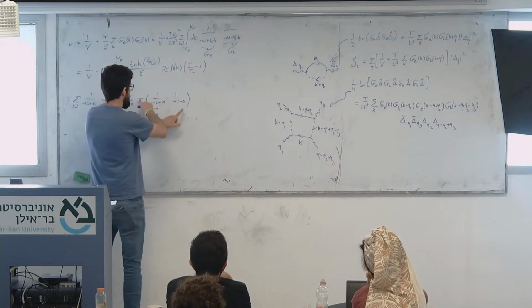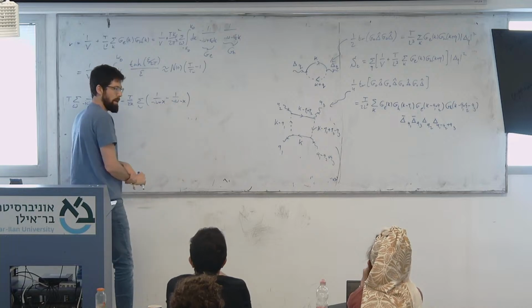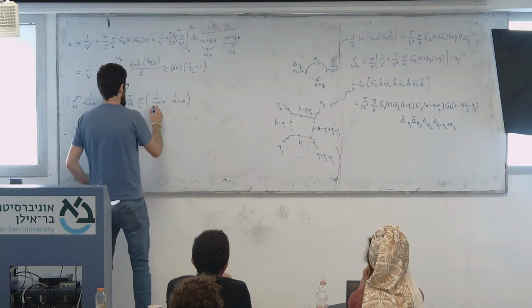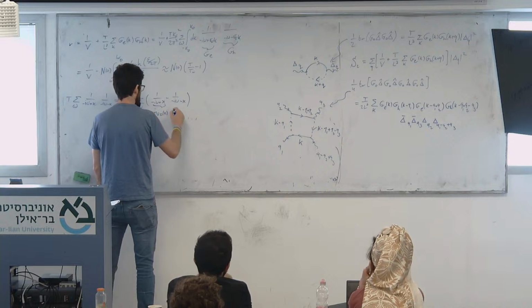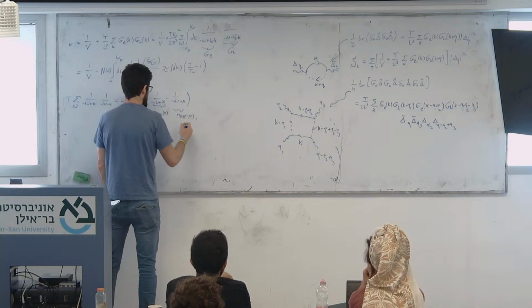Okay, so when I bring them together, the i omegas cancel and these ones add up. And then when I do the Matsubara sum, this will give me n Fermi-Dirac of x, and this will give me n Fermi-Dirac of minus x.